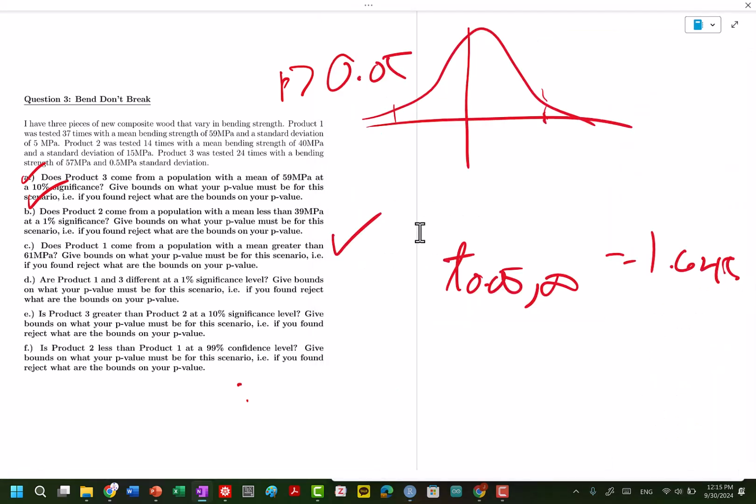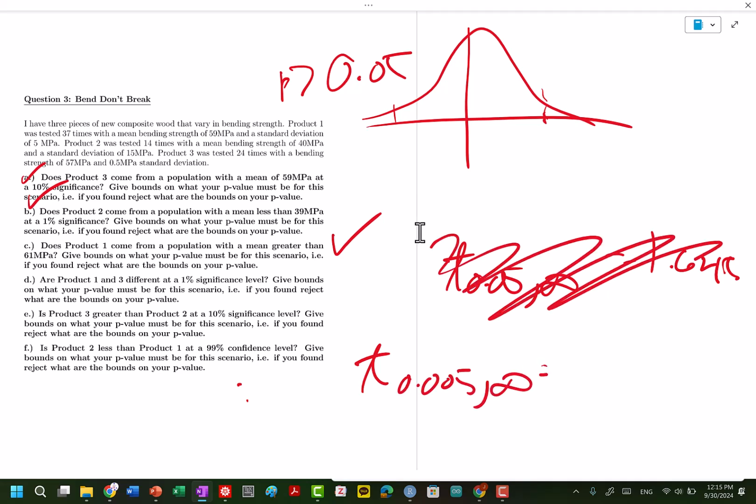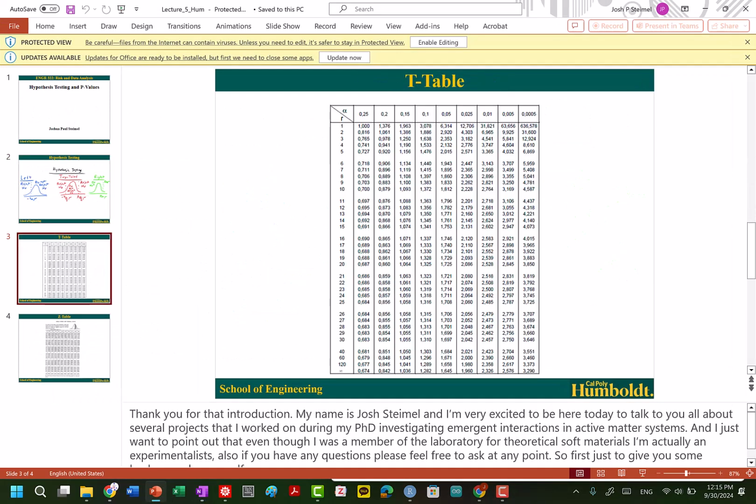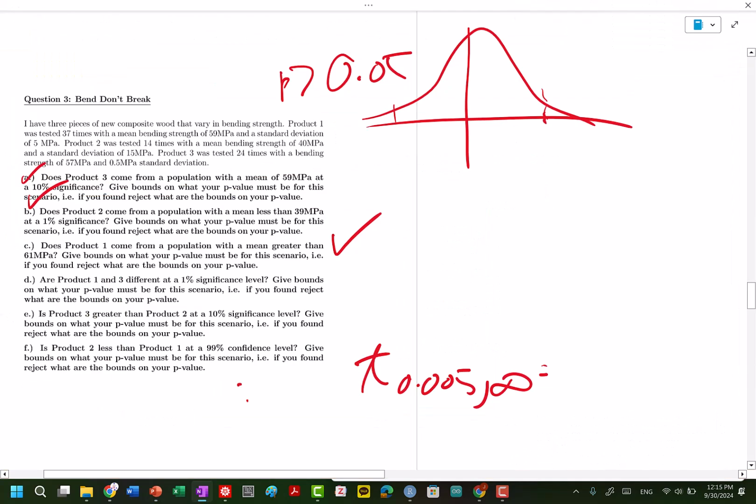So we're going to look at t at a 1% significance level. It's a two-tailed test, so it's going to be 0.005, infinity. That is going to be equal to what? 0.005, infinity, 2.576. So that's going to be our value here, plus or minus, because we're doing the two-tailed test.